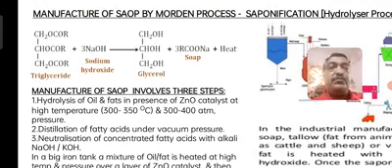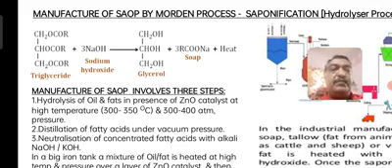When treated with NaOH or KOH, it undergoes breakage to form glycerol, CH2OH, CHOH, CH2OH, plus RCOONa three times, that is soap. R is here a long chain hydrocarbon. It may be a palmitate group, or an oleate group, etc.